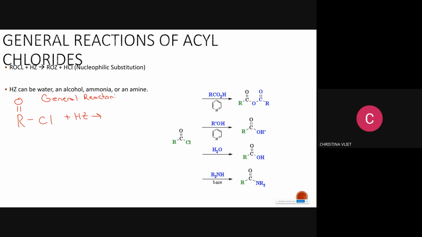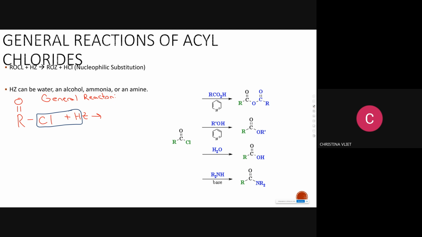It's going to be one you recognize. Do you remember when you had condensation and you took out water? Yep. This is just like it, except instead of taking out water, you take out HCl for acyl chloride. So they react extremely similarly to carboxylic acid. You take this out in every situation. So this means that your general products are going to be, in this reaction, what?